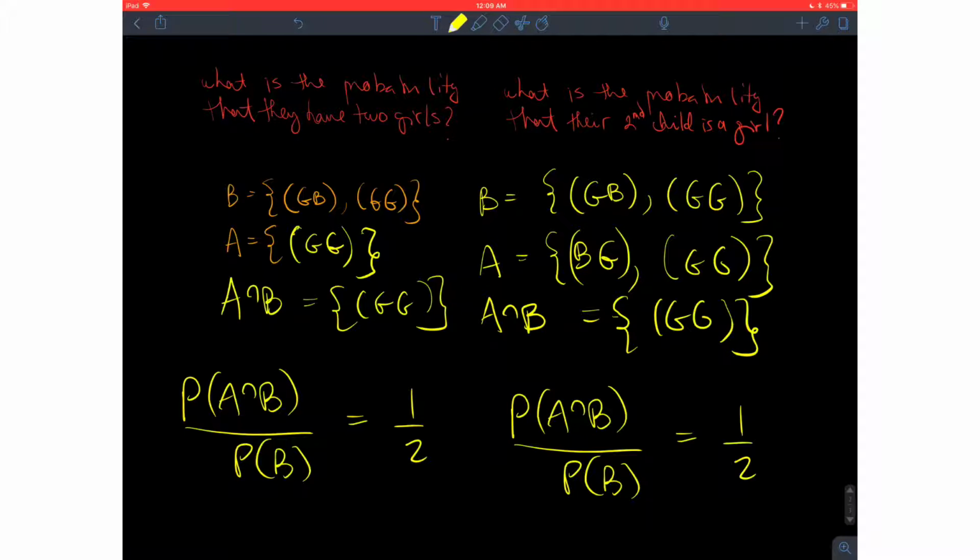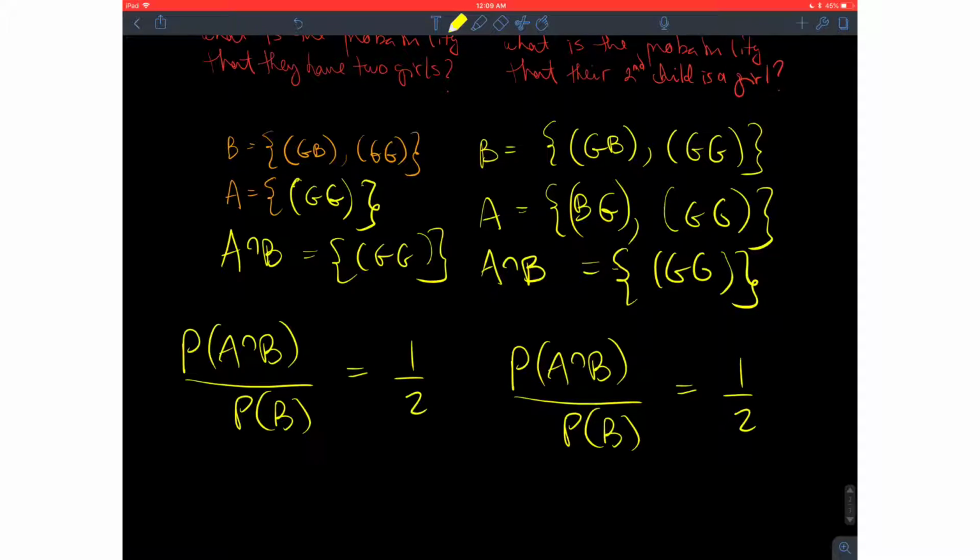In the first question, the question is, what is the probability that they have two girls? That outcome is just GG. In the second question, what is the probability that their second child is a girl? That set is BG and GG. So now we have two different sets, two different ways of asking the question, but I'm going to show you that it's essentially asking the same question, because when we take the intersection of A and B, the result is the same.